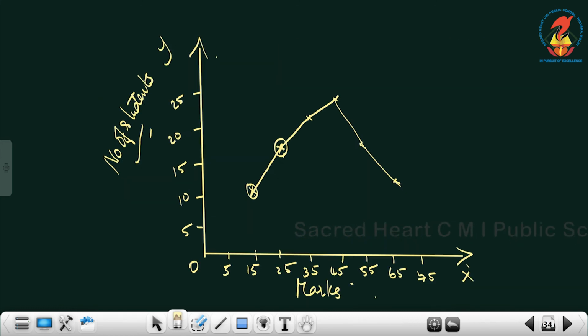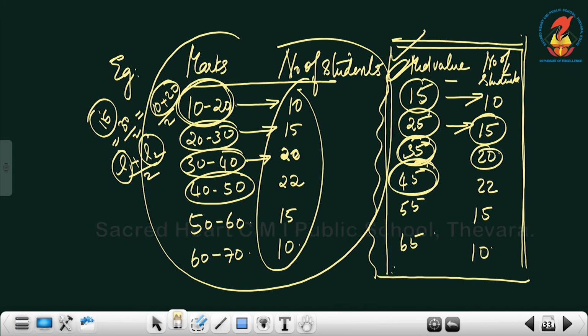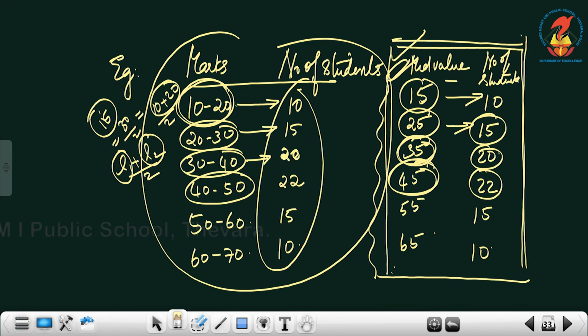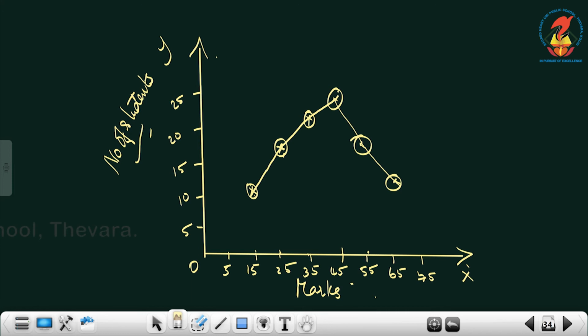For 35, it is 20. Again, the next one is 45. For 45, it is 22. Again, for 55, it is 15. And for 65, it is 10.